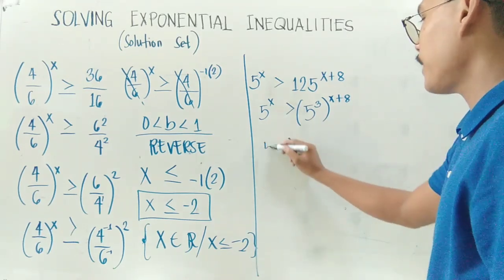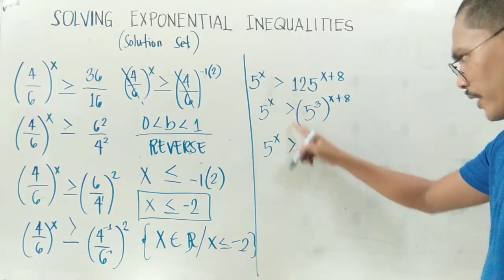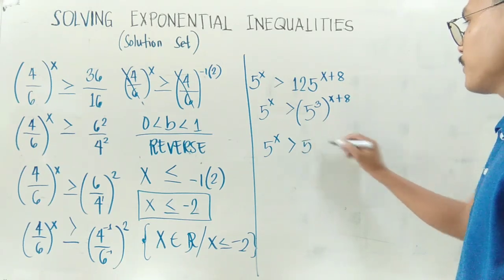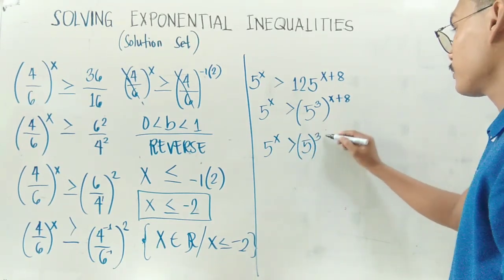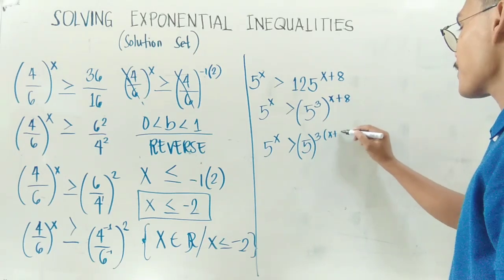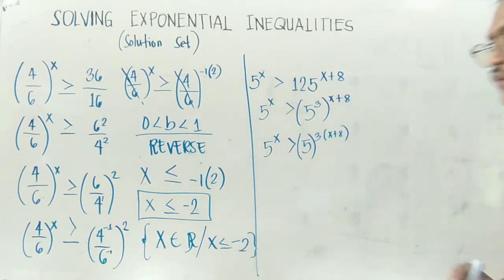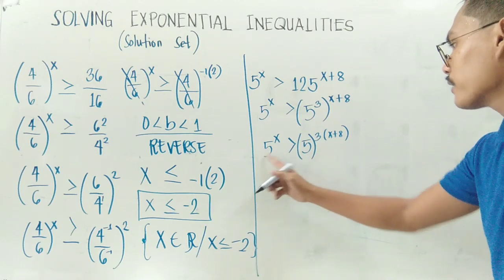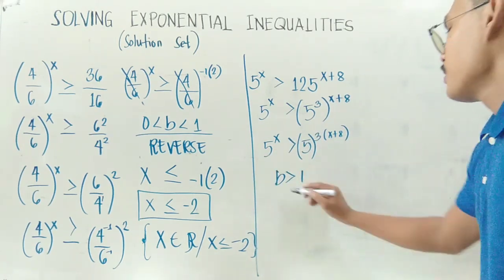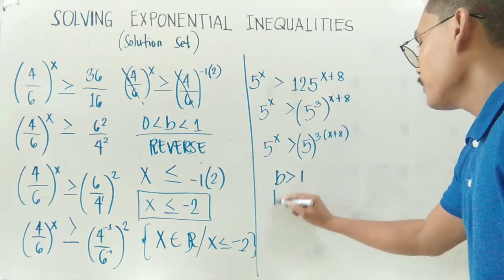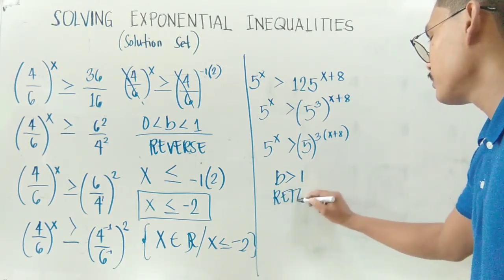Then copying, we have 5 raised to x is greater than 5 cubed raised to x plus 8. If you can see, the bases are greater than 1, or we have b is greater than 1. So the symbol will be retained.